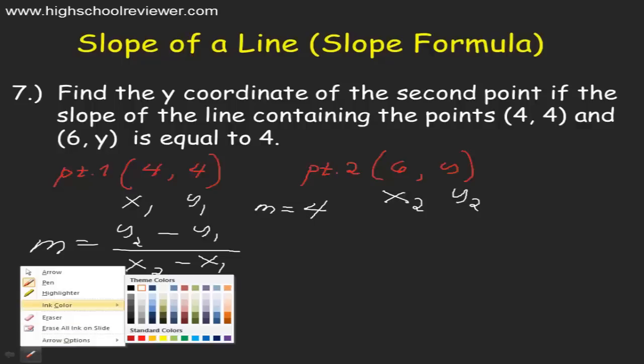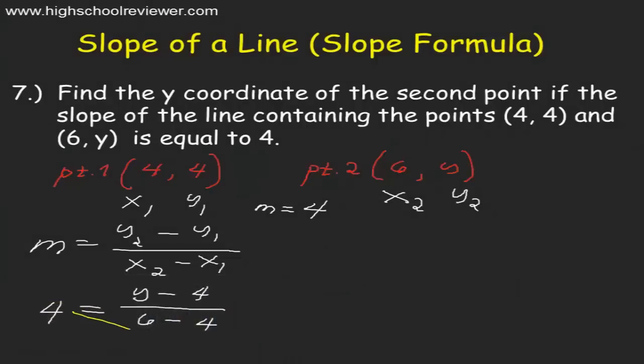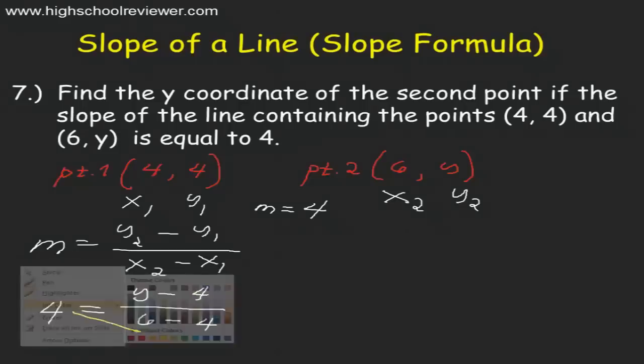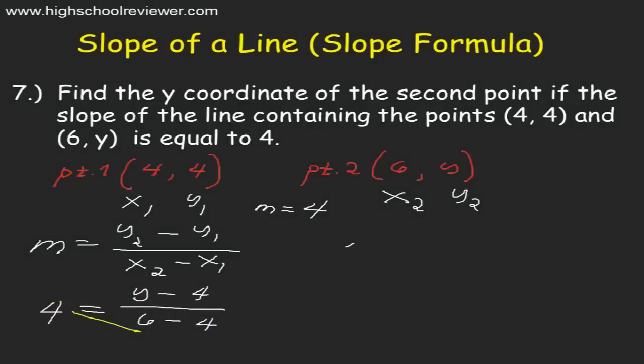And then by cross multiplication, we can multiply 4 and the quantity 6 minus 4. So this will be 4 multiplied by 6 minus 4 equals to y minus 4. So this will be 4 times 2 equals to y minus 4.